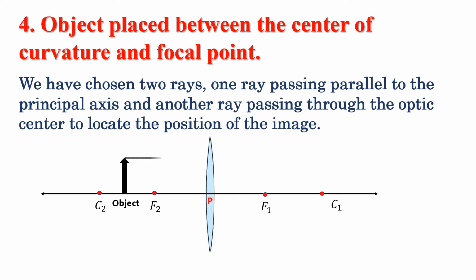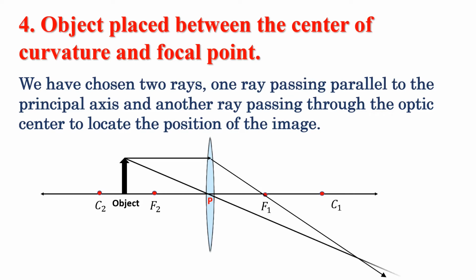The first ray is parallel to the principal axis and after refraction it will pass through the focus. The second ray is the ray which is passing through the optic center. These two rays intersect on the other side of the lens. At that point, we are getting the image. This is the image you are seeing.